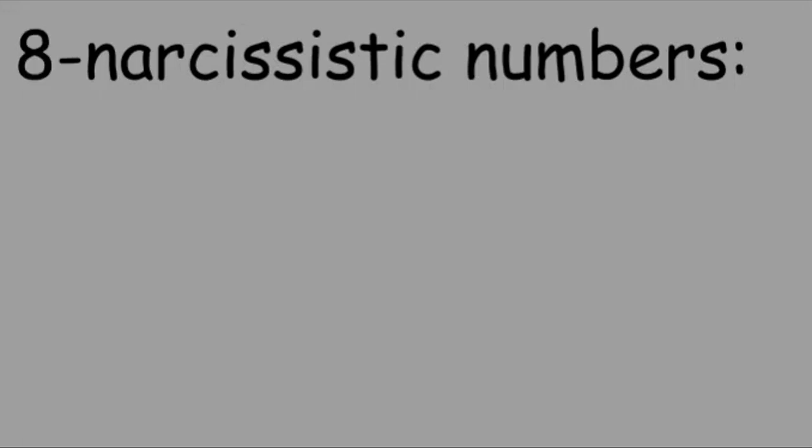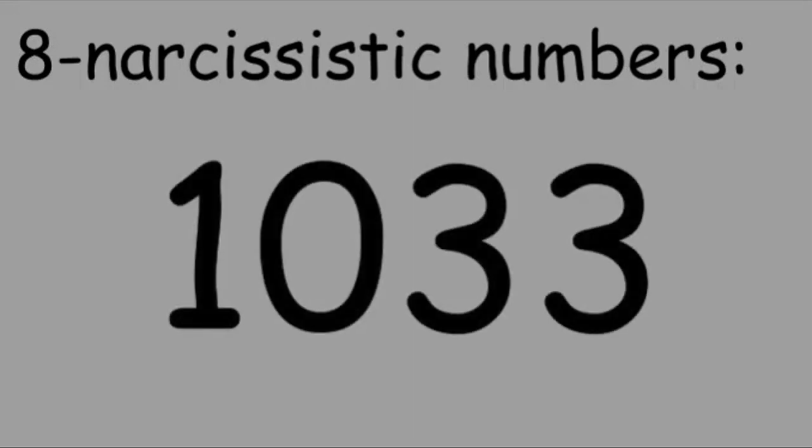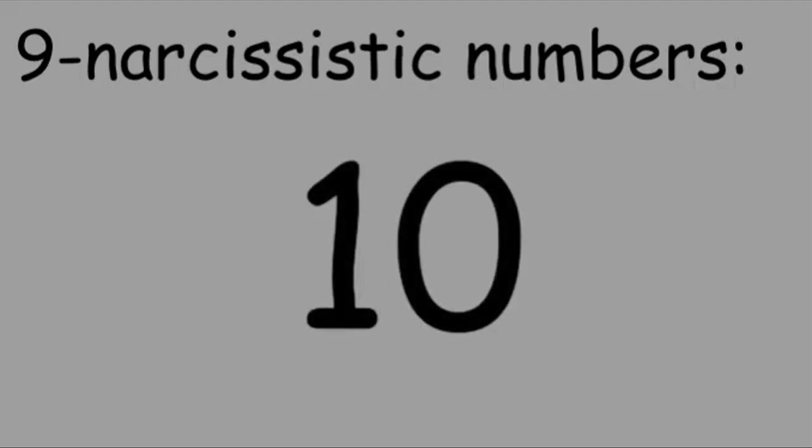Now for 8, I wanted to see if 1033, the number that started this all, was in a league of its own, and as far as numbers up to 2 million are concerned, sure. With 9, it's of course 10, the second smallest n-narcissistic number in existence, beaten by only 1.